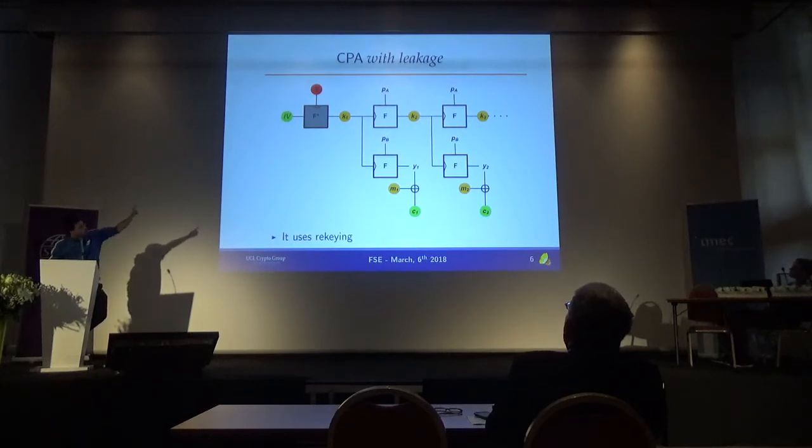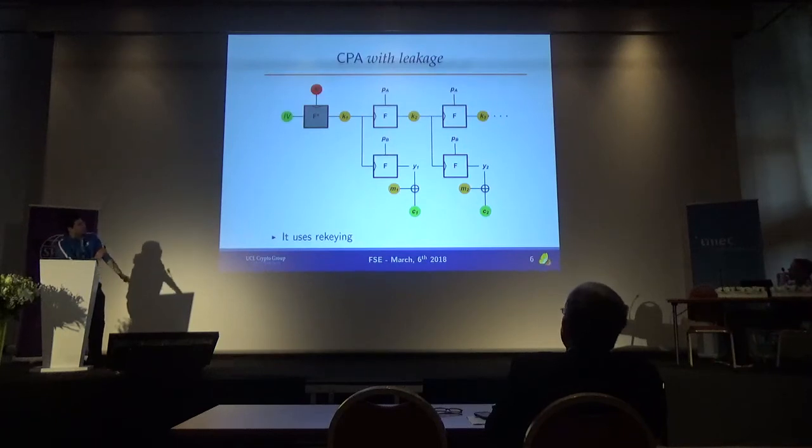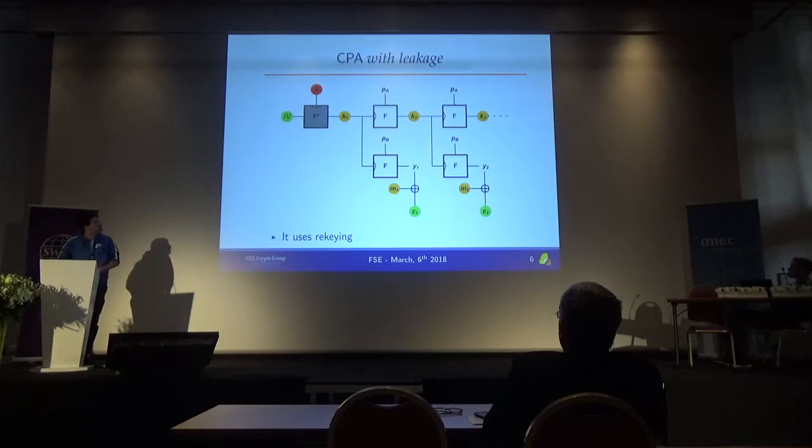This is used either to compute a second ephemeral key and so on, or to compute a random value which is combined with the message to obtain the ciphertext. The ephemeral keys are used only twice in the whole life of the algorithm, so to provide privacy we need the functions F, which are not leak-free, to resist only an attack where the adversary is able to ask for the encryption of two plaintexts.